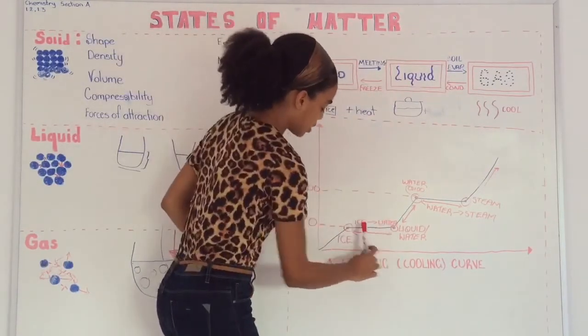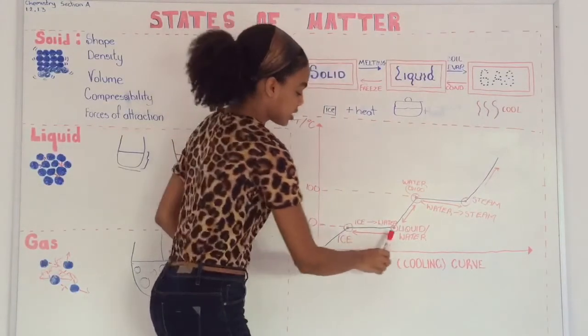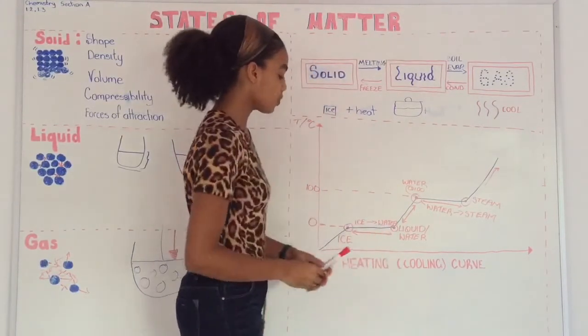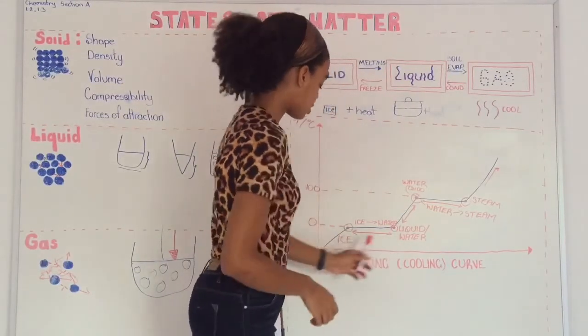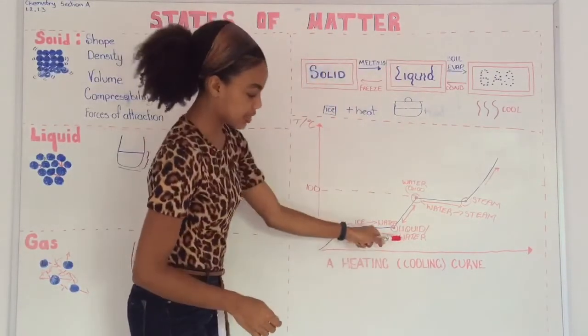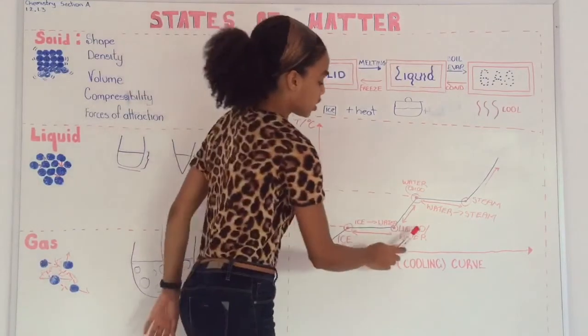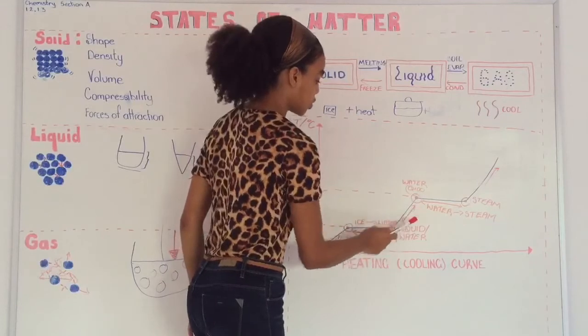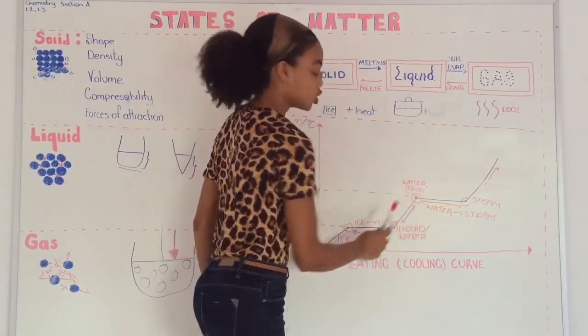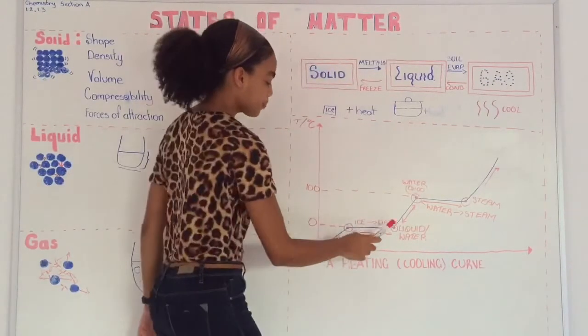And at this point, there's no change in temperature, so we say this is the plateau. Okay. When the ice becomes water, it's water at 0 degrees Celsius at this point. So the liquid or the water gains some energy, increases in temperature, and becomes water at 100 degrees Celsius.